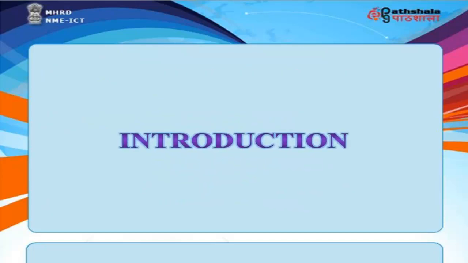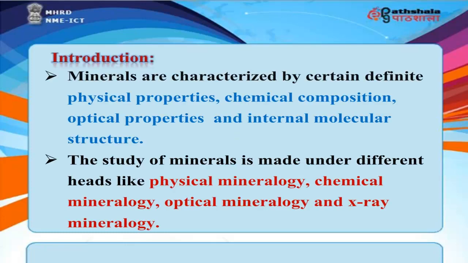Introduction. Minerals are characterized by certain definite physical properties, chemical composition, optical properties, and internal molecular structure. The study of minerals is made under different heads like physical mineralogy, chemical mineralogy, optical mineralogy, and X-ray mineralogy.